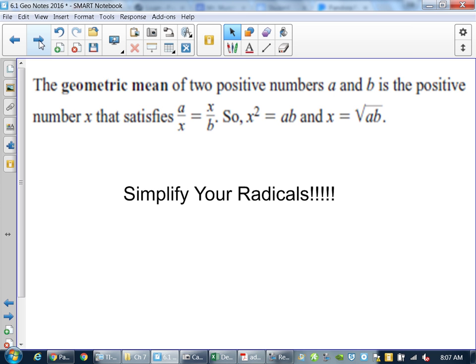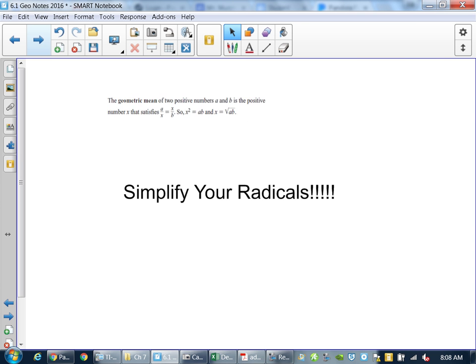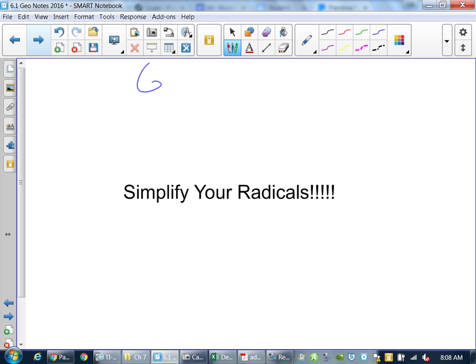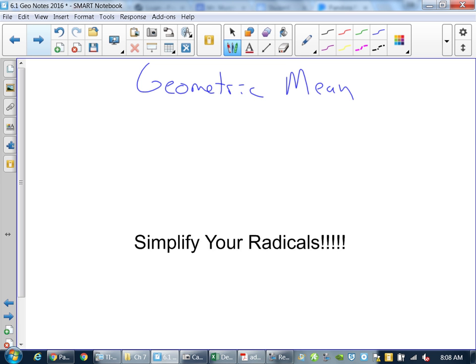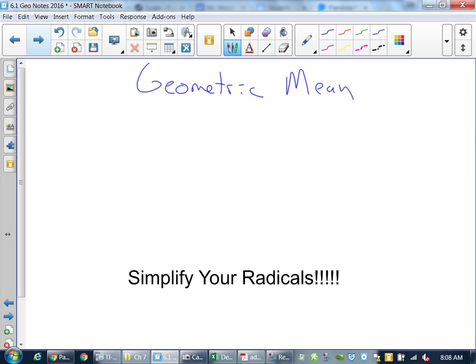This is the new part. This is called the geometric mean. This is the new thing.